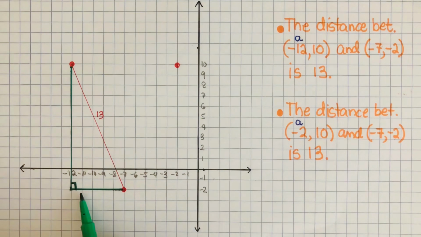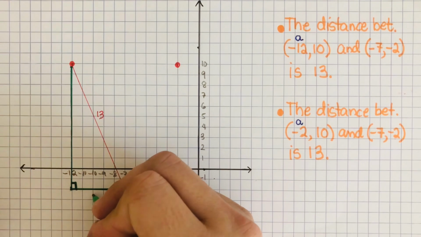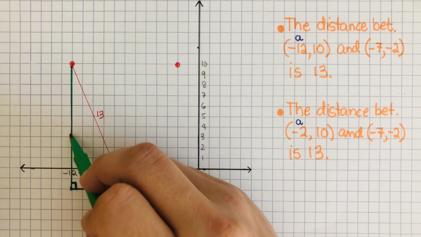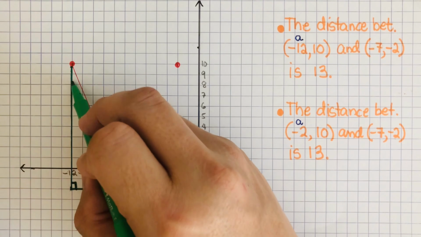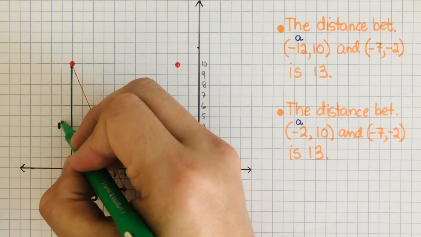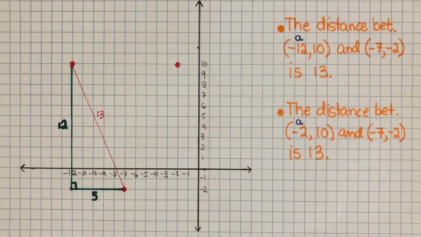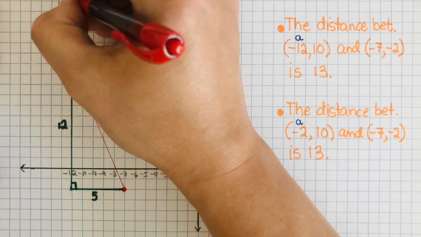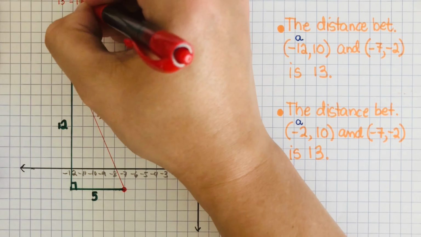And this one right here, 1, 2, 3, 4, 5. That's 5 units. And this one right here is 1, 2, 3, 4, 5, 6, 7, 8, 9, 10, 11, 12. 12 units.